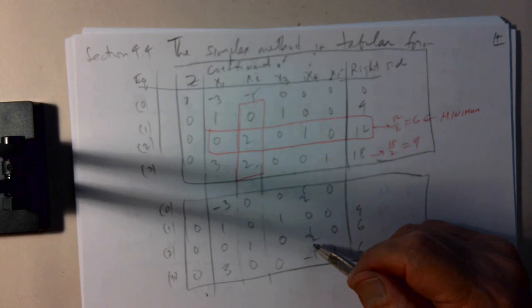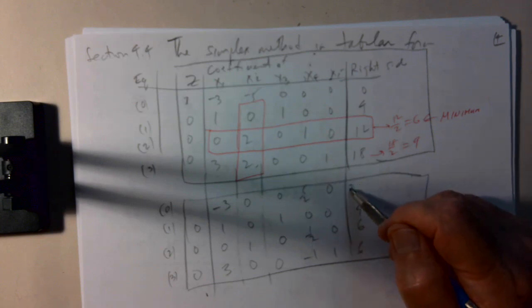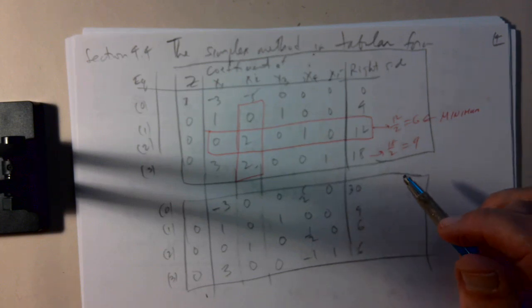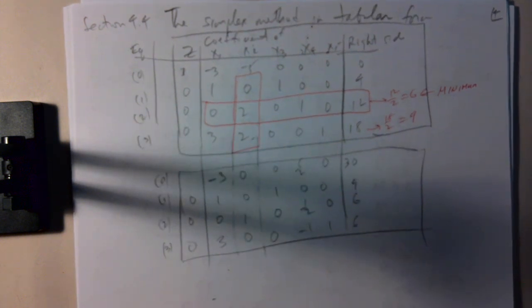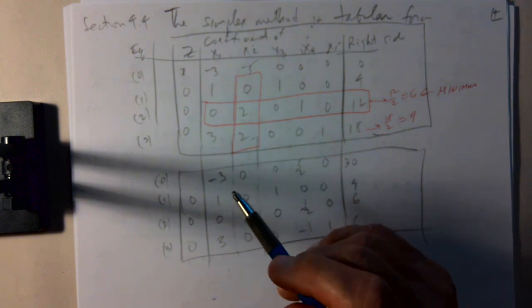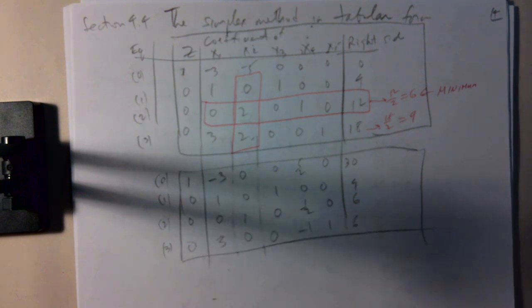I'm sorry, 5, 5, 6 is 30. So this is my new table. This is still 1.